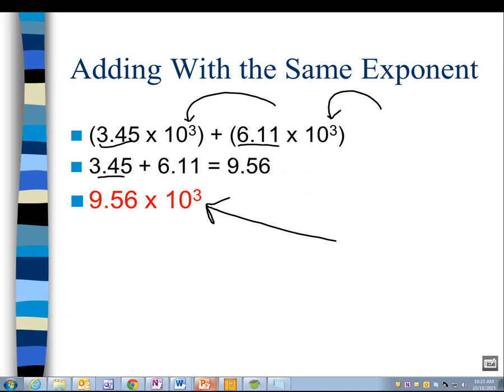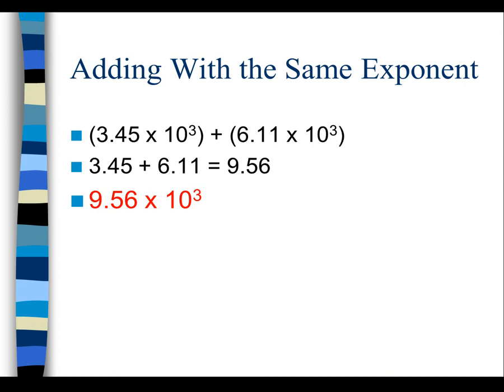So if they have the same exponent, you just add, until you get the final answer. You're correct. And it'll tell you in every question. It'll say, write it in standard notation or scientific notation. That's the answer.